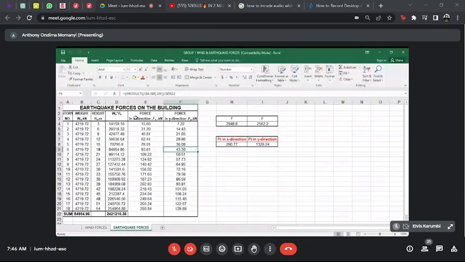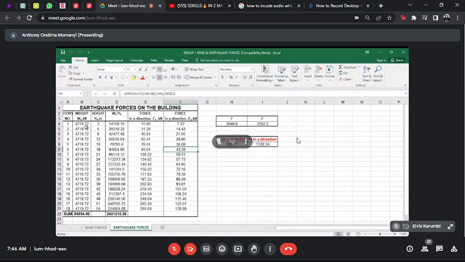Yes, for the earthquake forces, again, we had the story number from 1 to 18. The weight per story we calculated in class. That was the weight of the beam, slab, and column in each story. We found them to be 4,719.72 kilonewtons.